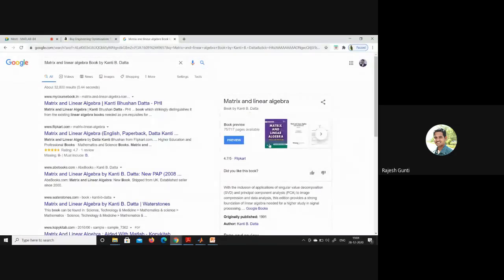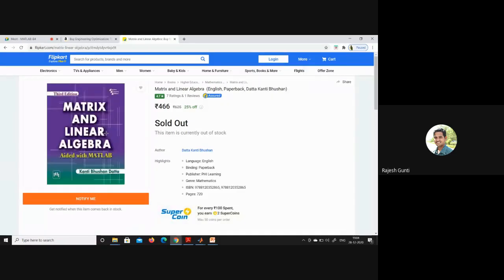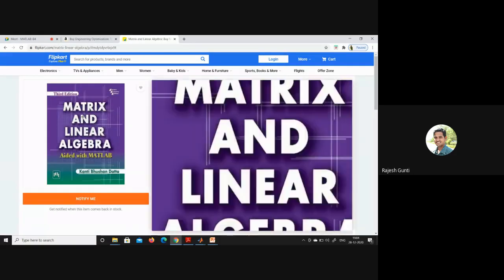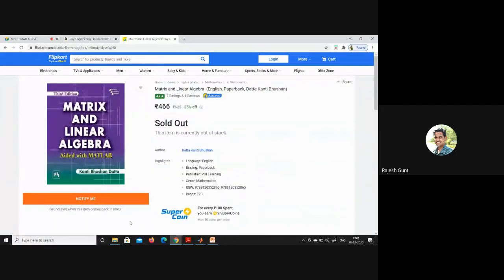This also I have. KB Datta is a professor of electrical engineering from IIT Kharagpur or Kanpur, I don't know exactly. If you open this book, everything is written in a wonderful manner.